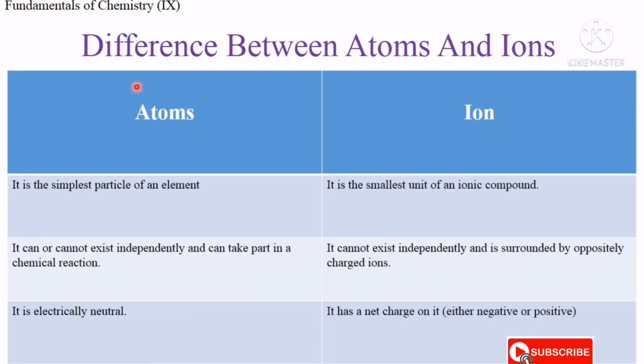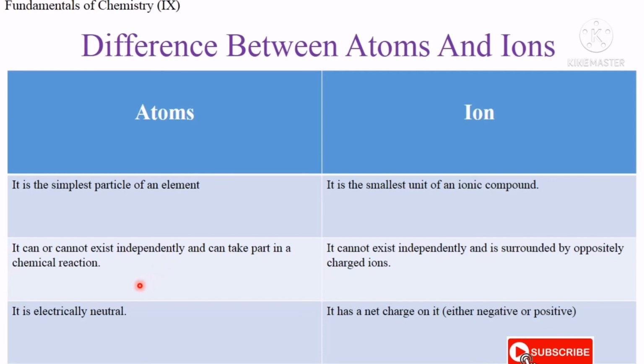Now we have the difference between atoms and ions. An atom is the smallest particle of an element, whereas an ion is the smallest unit of an ionic compound. Atoms can or cannot exist independently and can take part in a chemical reaction, whereas an ion cannot exist independently and is always surrounded by oppositely charged ions.